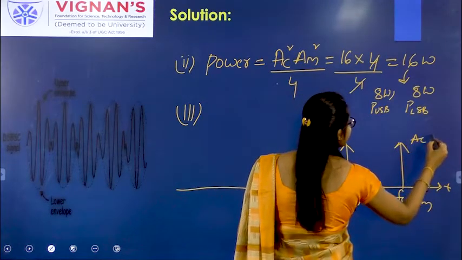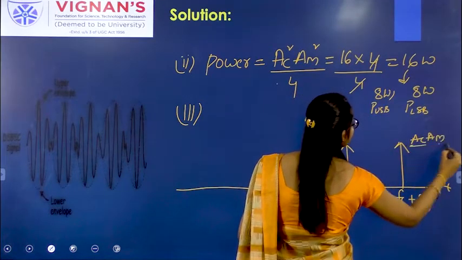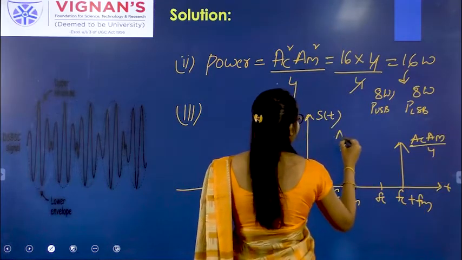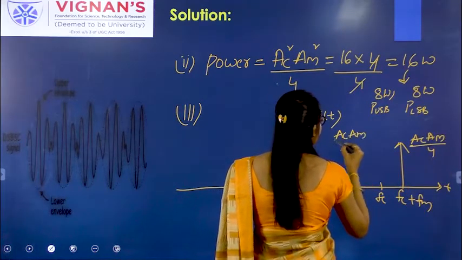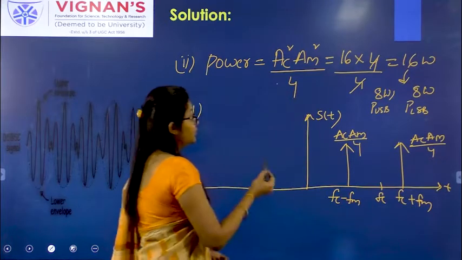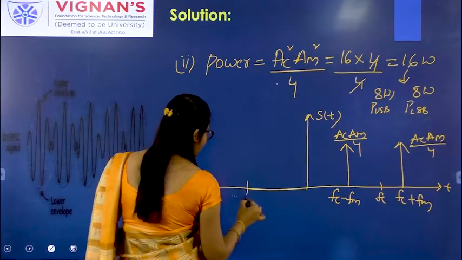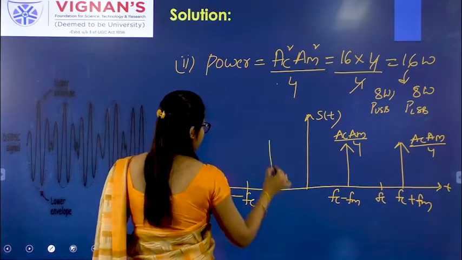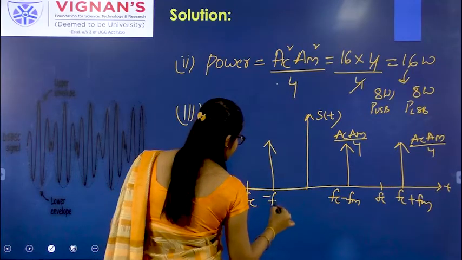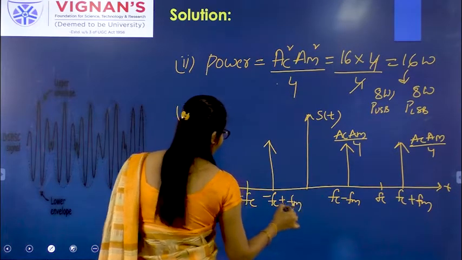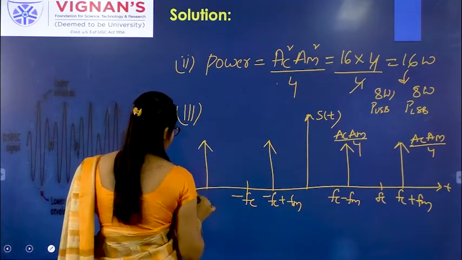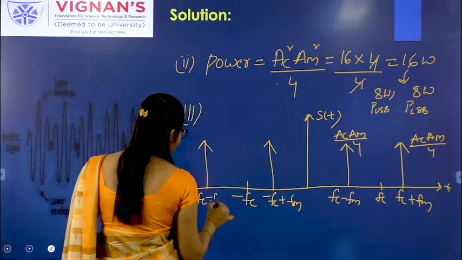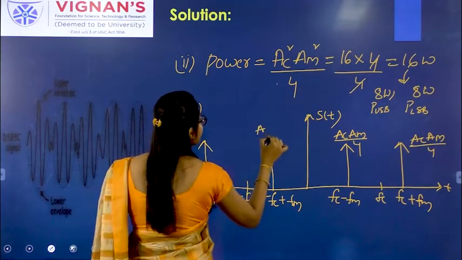Here the value is AC AM by 4, right? If you go and see in the previous slide, the spectrum, this is what we have done, minus FC plus FM. In the same way, minus FC minus FM. Here AC AM by 4.